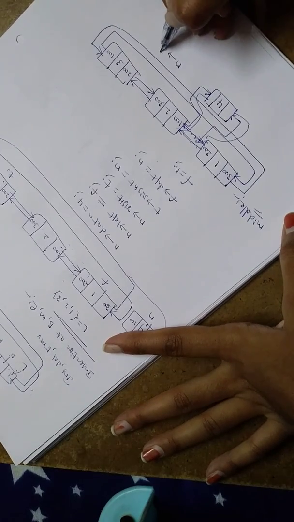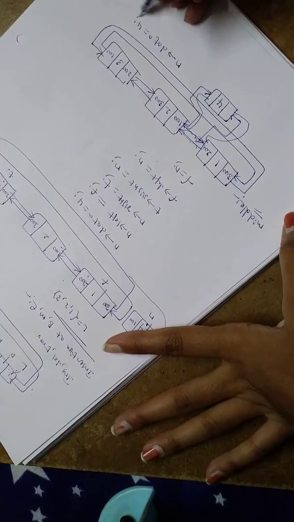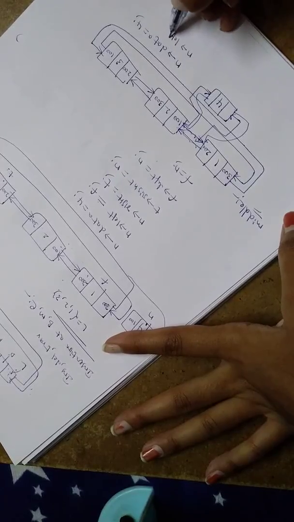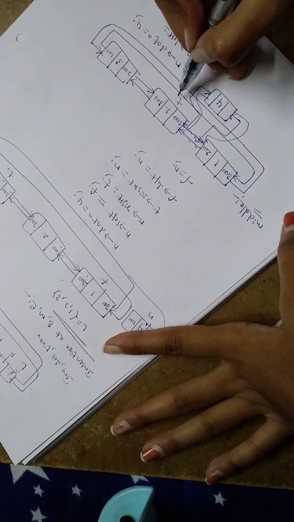Creating a node and putting the data n data equal to 4, and now n left should be this. Let us name it as t.